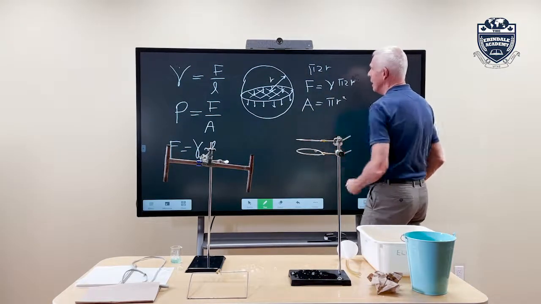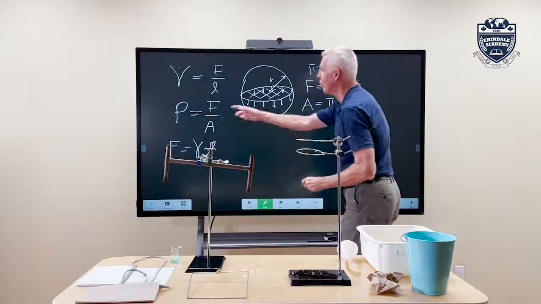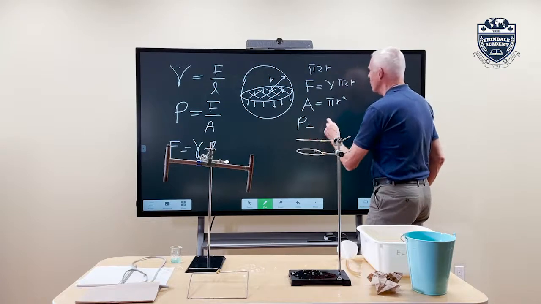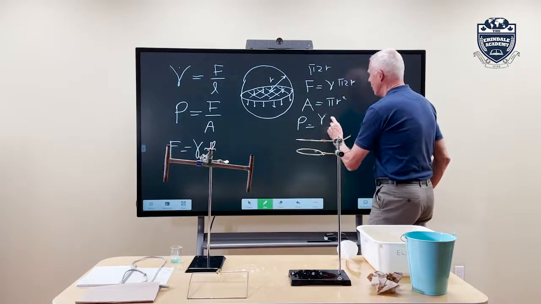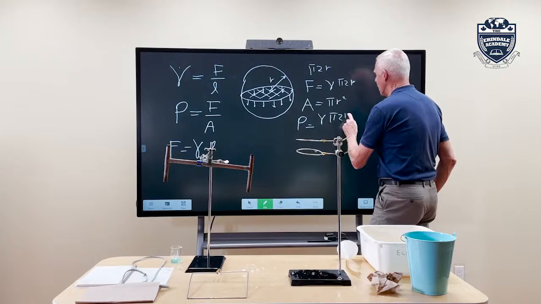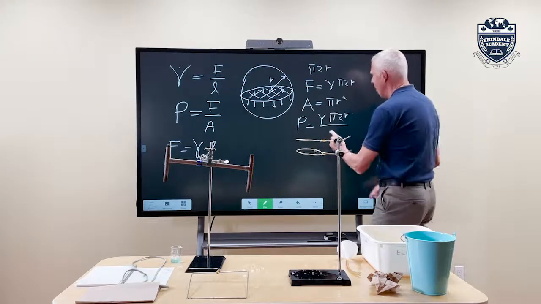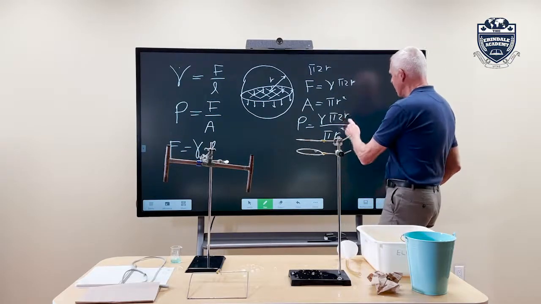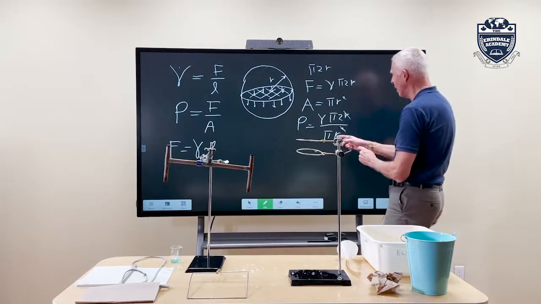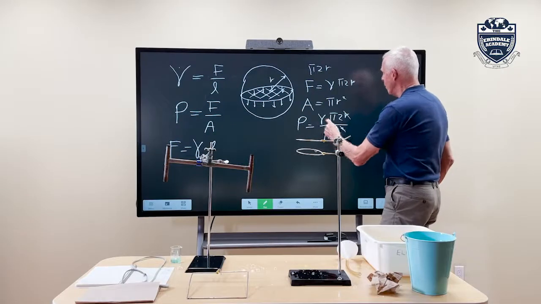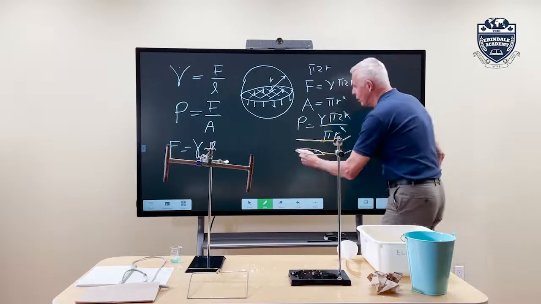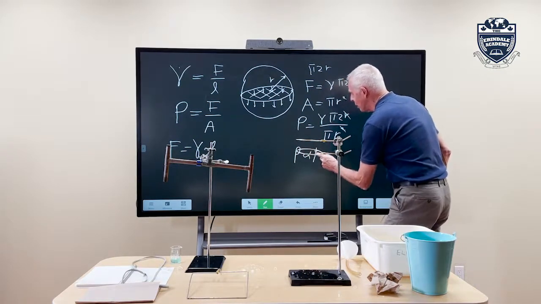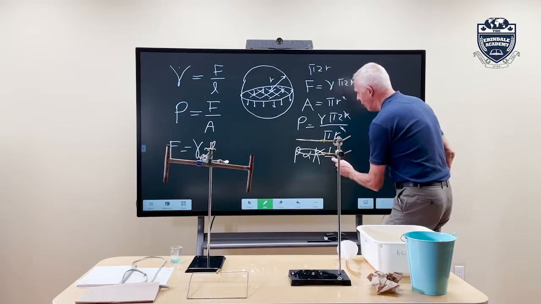And so the pressure, which is force per unit area, is going to equal surface tension times pi 2r, divided by pi r squared. Now this r cancels, so we're left with one r here, and pi and surface tension and 2 are all constants. So we can say that pressure is proportional to some constant times 1 over r.